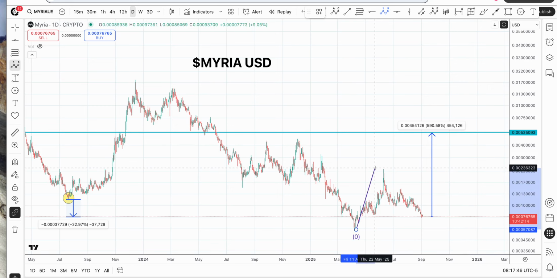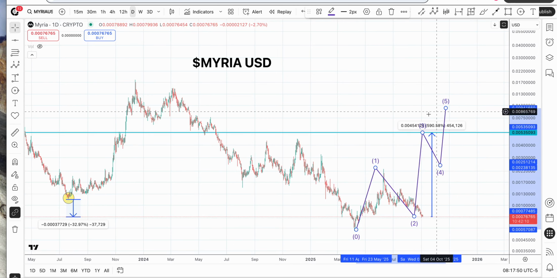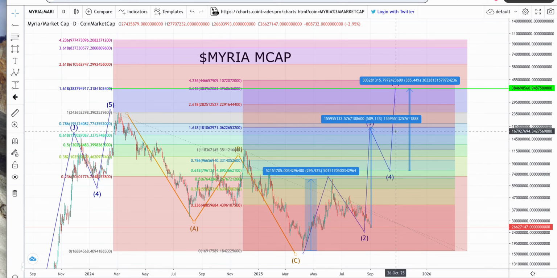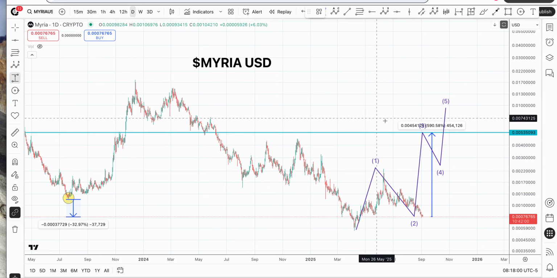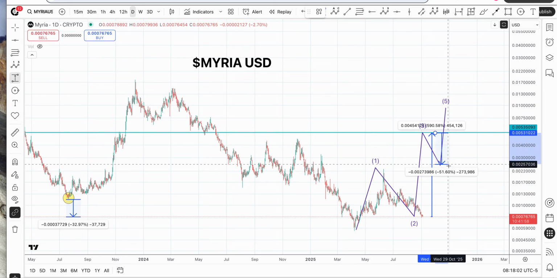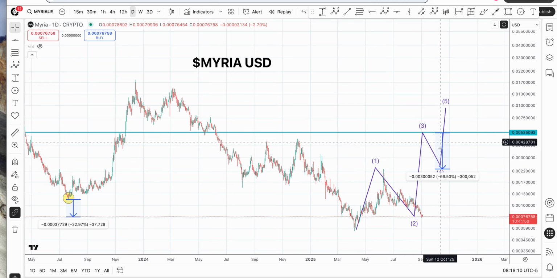So you have your 1, 2. Right now on the other chart, we're talking about 3. And we're going to look for 4 and 5 here once I pull this over. So from that wave 3 high, wave 4, we're saying 56.5% drawdown. Where does that put us? 56.5%. Wow, look at this. That brings us right down into the wave 1 on the price chart.